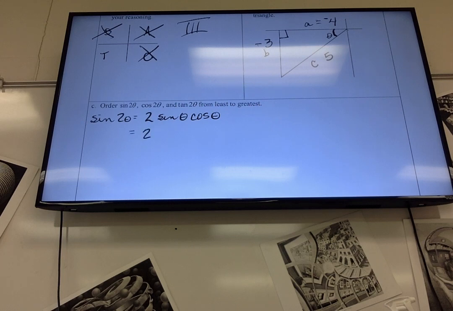Now, using that triangle, or the information that we got above it, what's the sine of theta? Yeah. That was given to us. Or if you just used SOHCAHTOA, it's opposite over hypotenuse.